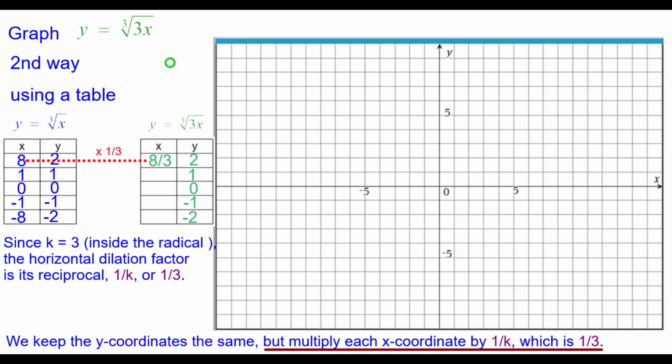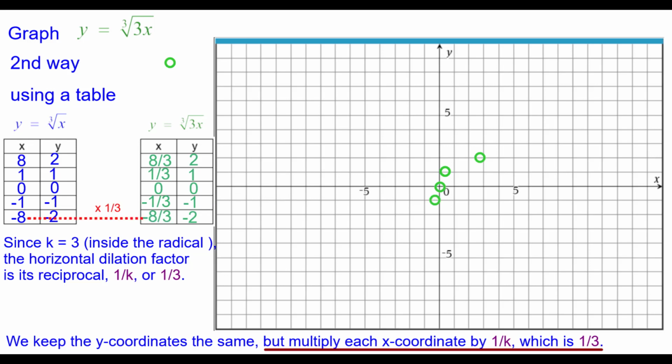So 8 times 1/3 is 8/3, and so we'll plot 2 2/3, comma 2. 1 times 1/3 is 1/3, comma 1. The origin remains unchanged by that 1/3 factor. Finish the table. Press pause, resume when you're ready. -1 times 1/3, -1/3, comma -1.